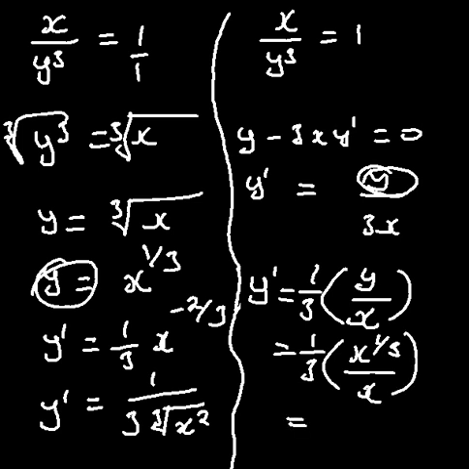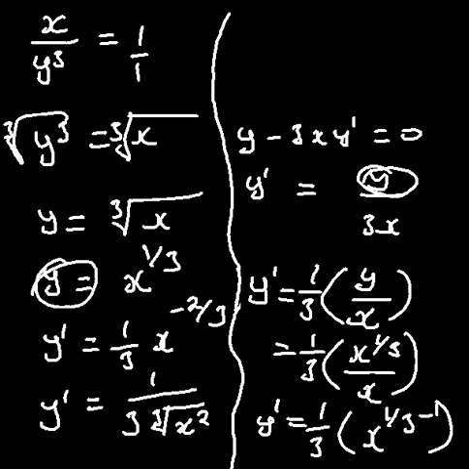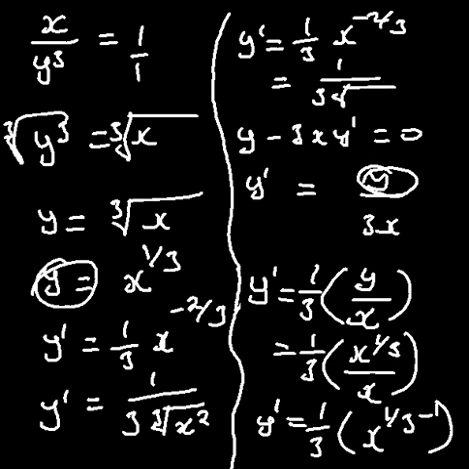Using the laws of indices, y prime is equal to 1 over 3 and x to the power 1 over 3 minus 1. That will be given as y prime is equal to 1 over 3 times x to the power negative 2 over 3, which is the same as 1 over 3 cube root of x to the power 2.